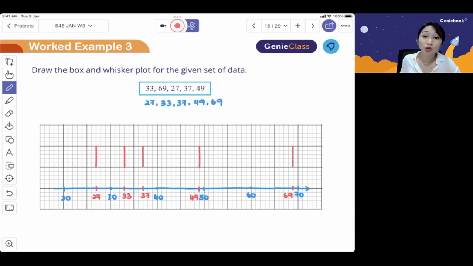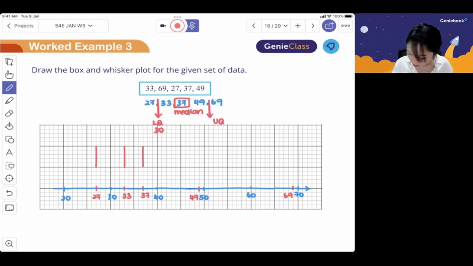Then I start by drawing my box. Remember the box is always the lower quartile to upper quartile. Oops, sorry, no. This is the set of data. Sorry. Let's recalculate this. Our median is here. Lower quartile is over here. Just now we found the value to be 30, right?